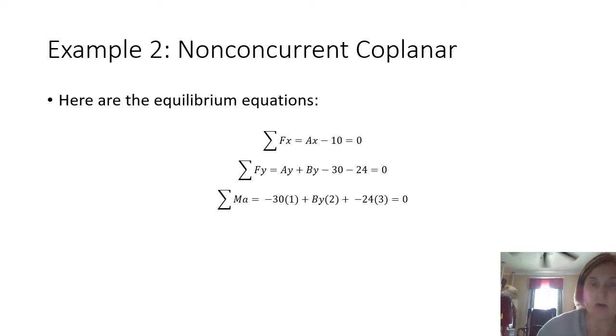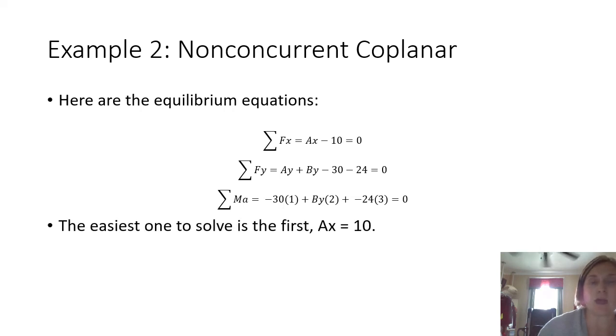Okay, here are the equilibrium equations. If I go backwards and look at the forces in the picture, you'll see that I have AX and 10 basically just facing each other. For the Y, I have 2 of them, okay, AY and BY, and then I have the distributed force and the vertical force that's in the triangle.